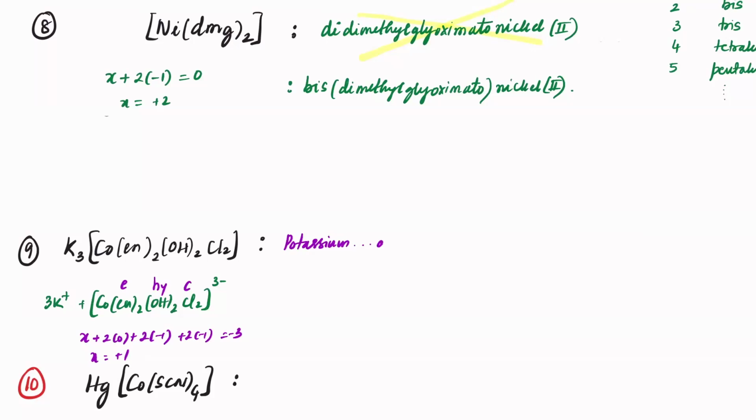So therefore we write it as dichloro. Then bis, ethylenediamine, then dihydroxo.